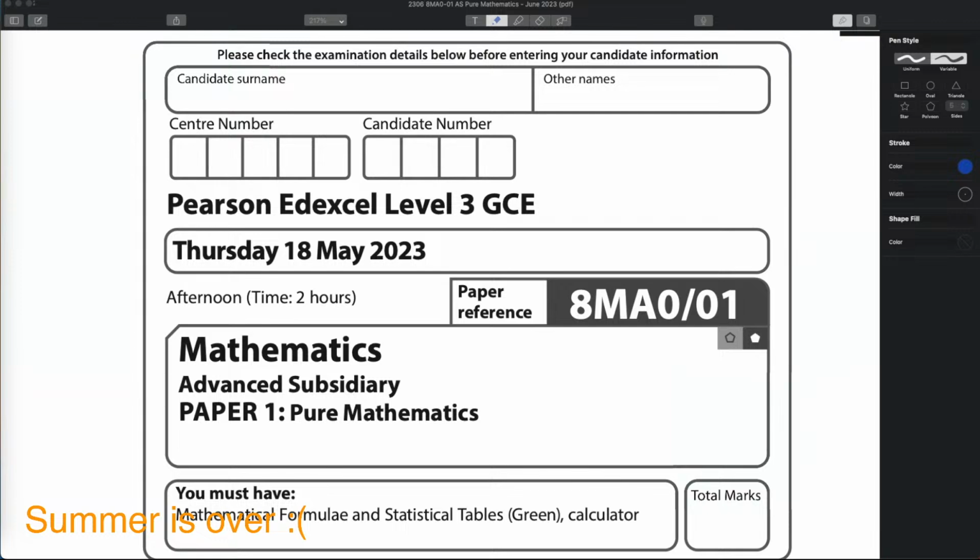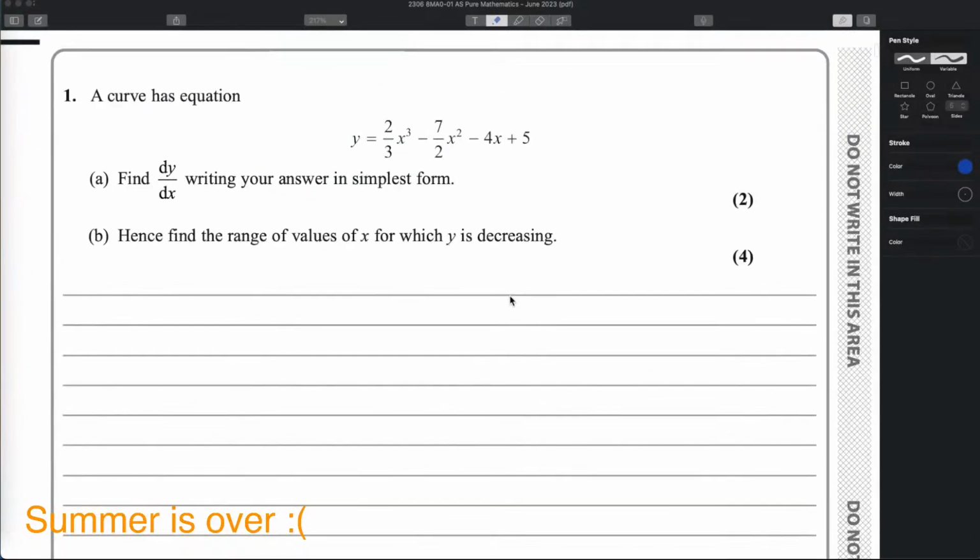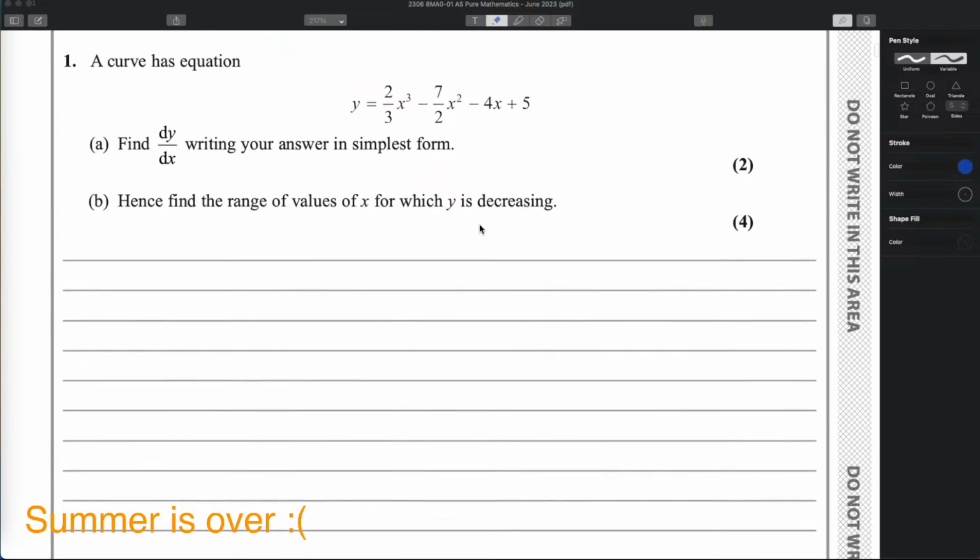Alrighty, let's get started. Now this first question I've already done actually. So what I'm going to do is start on question 2. If you want to see the solution to this question, see my previous video on increasing and decreasing functions, where I go through this question in detail.